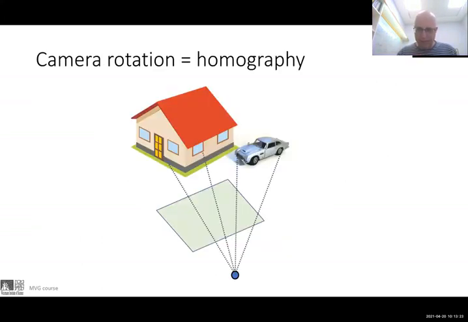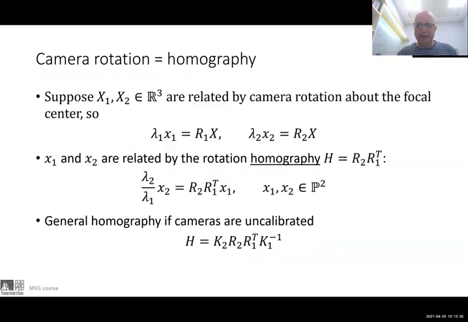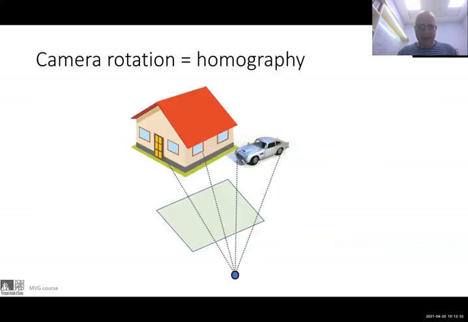And why is it a homography? Why does rotation of the camera around its center not reveal any information about depth? The reason is simple. Look at this diagram. The camera is at the blue points, and these are rays from the cameras. This is the image plane, and the pixels are the intersection of these rays with the image plane. Now when I rotate the camera, I'm basically only changing the image plane.